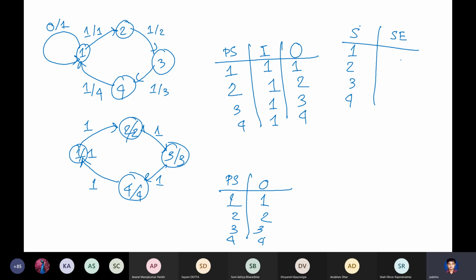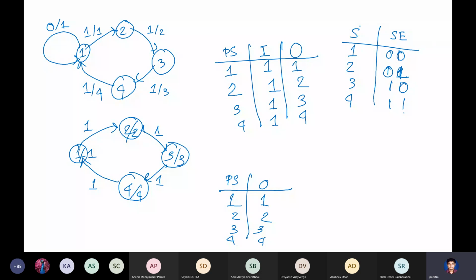So I can take a binary encoding. Maybe I can take 0, 0, 0, 1, 1, 0, and 1, 1. Any encoding I can take. Let's say this is my encoding.